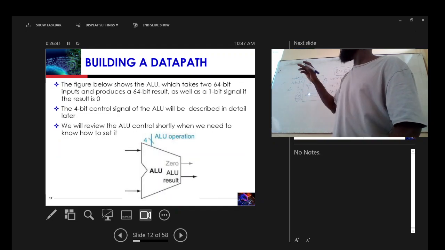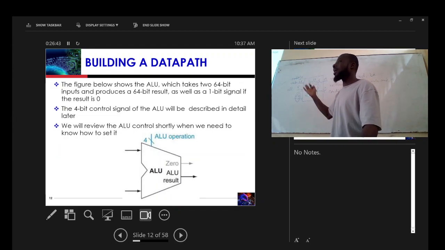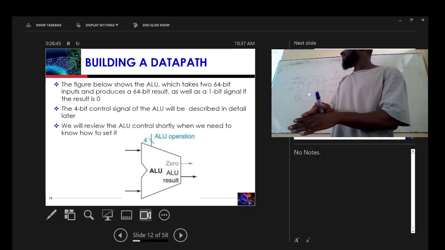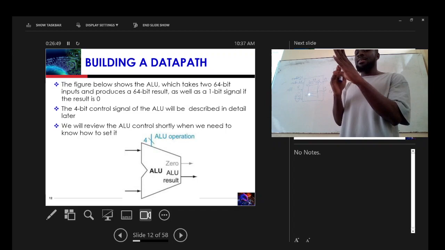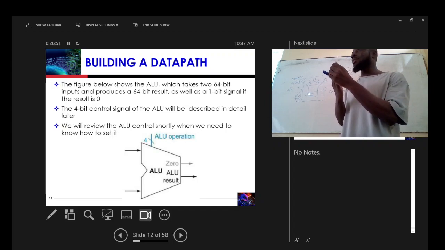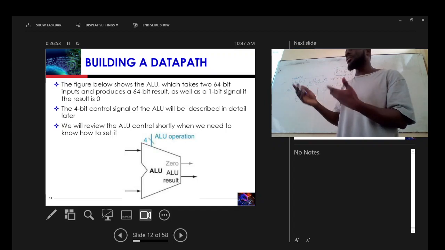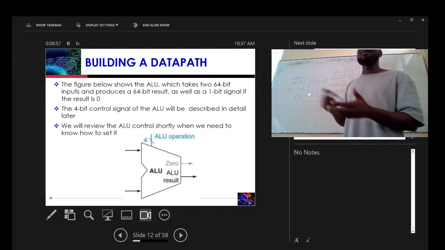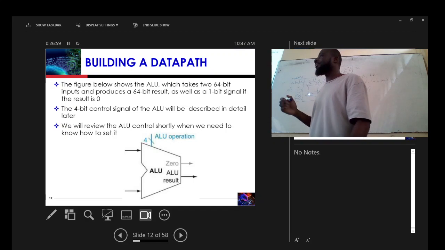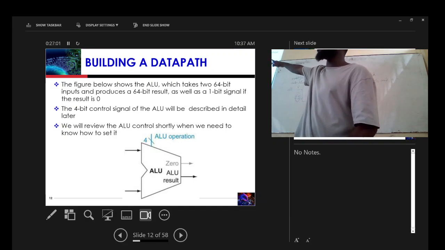Okay, so now our next one is our ALU. As you guys know already, for the ALU we need some kind of control to be able to control which operation the ALU will perform, right? That control is 4 bits.